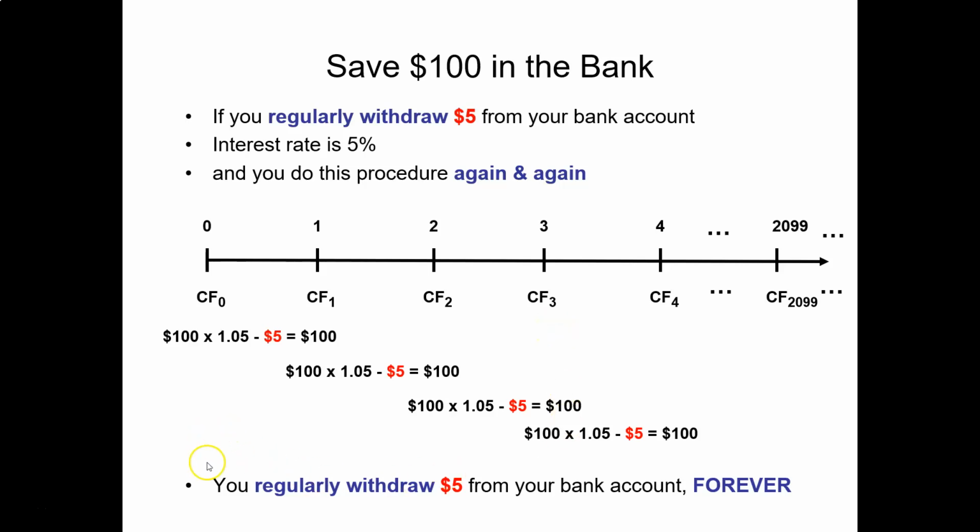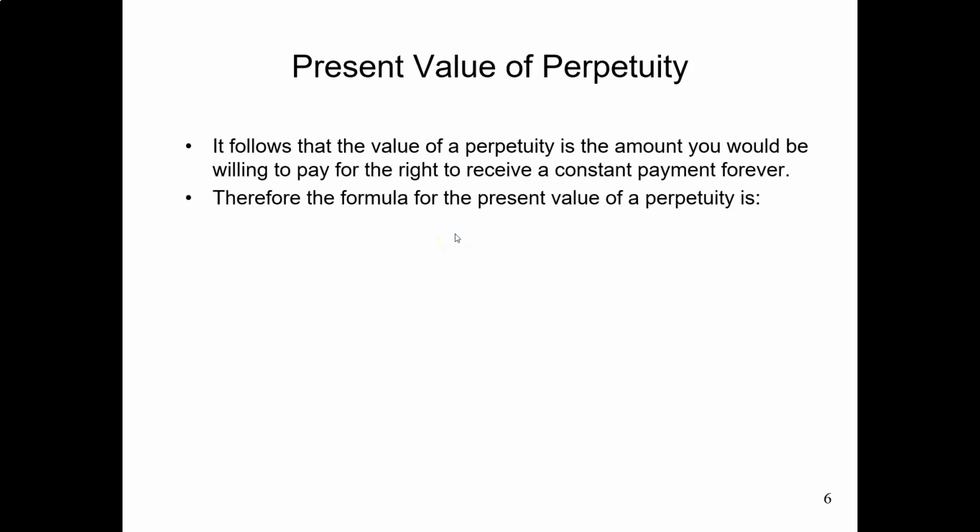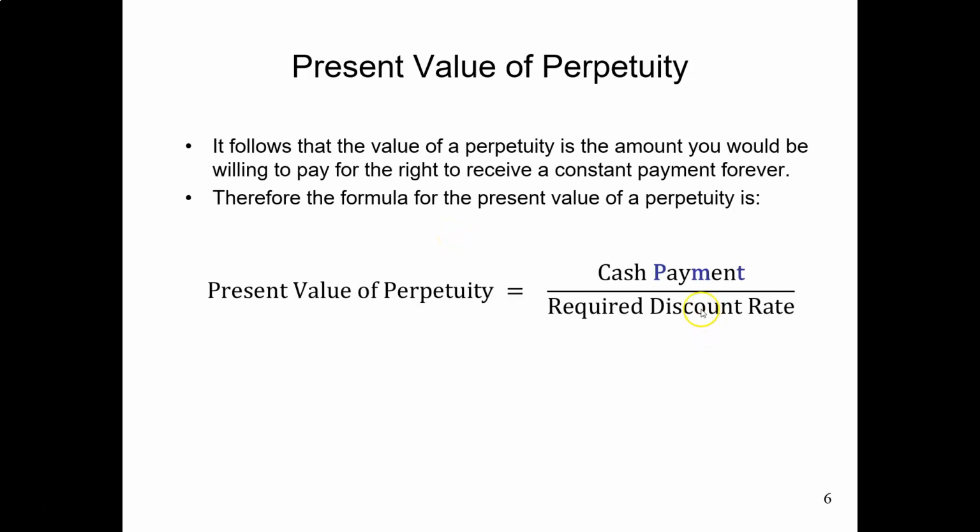We can use this relationship, this imagined saving plan, to back out the present value of perpetuity. The present value of perpetuity is the cash payment divided by required discount rate. In this previous example, we have payment at $5 and interest rate at 0.05. So it is equivalent.